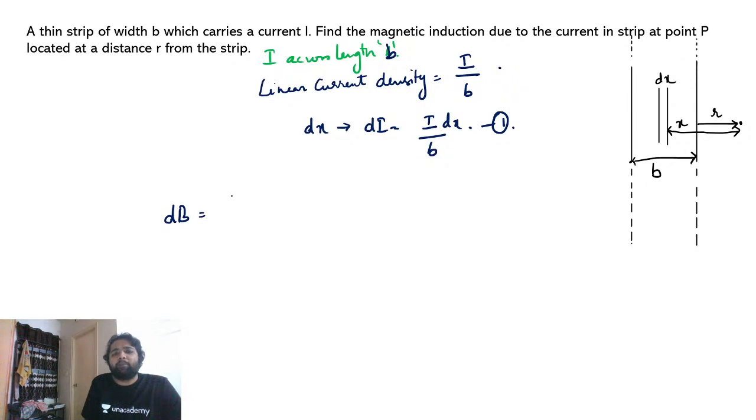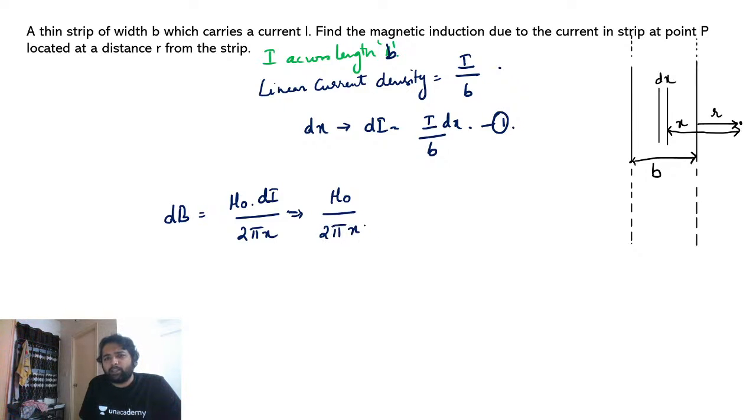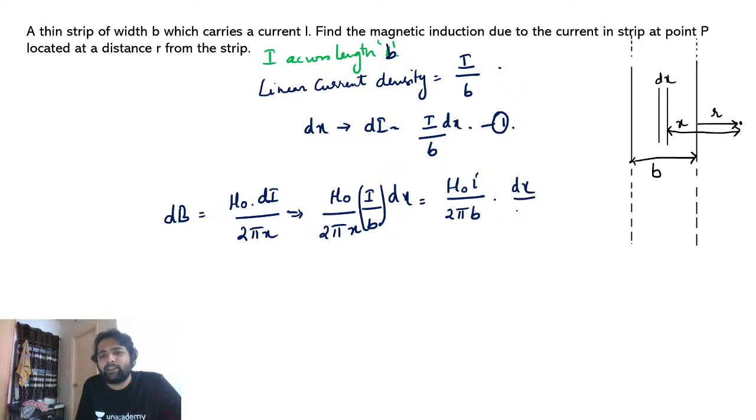So now we just have to find the total field. dB will be equal to mu naught into dI by 2 pi x at a distance x. So what will the answer be? Mu naught by 2 pi x into I by b dx. तो इसको mu naught I by 2 pi b कॉमन ले लो. dx by x इंटीग्रेशन कितना हो गया? From limit should be from this distance is r and this distance is b, so it will be r to r plus b.